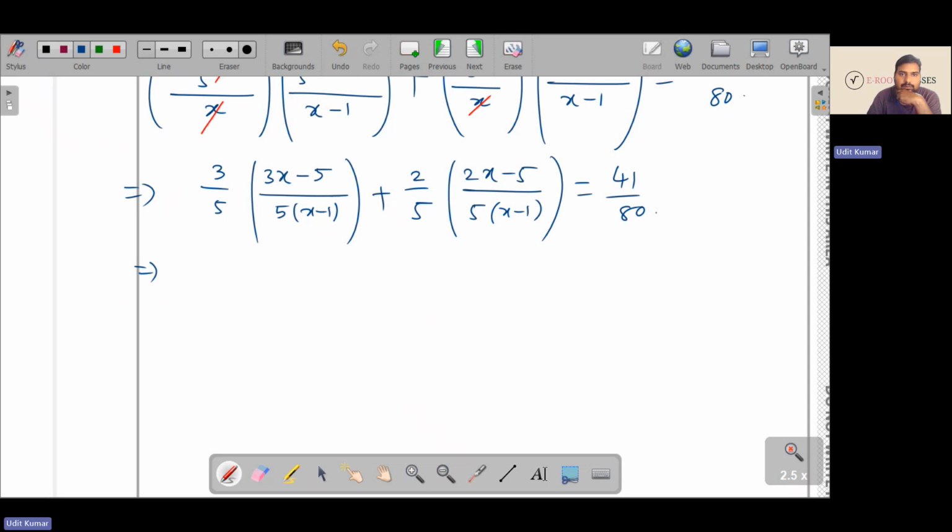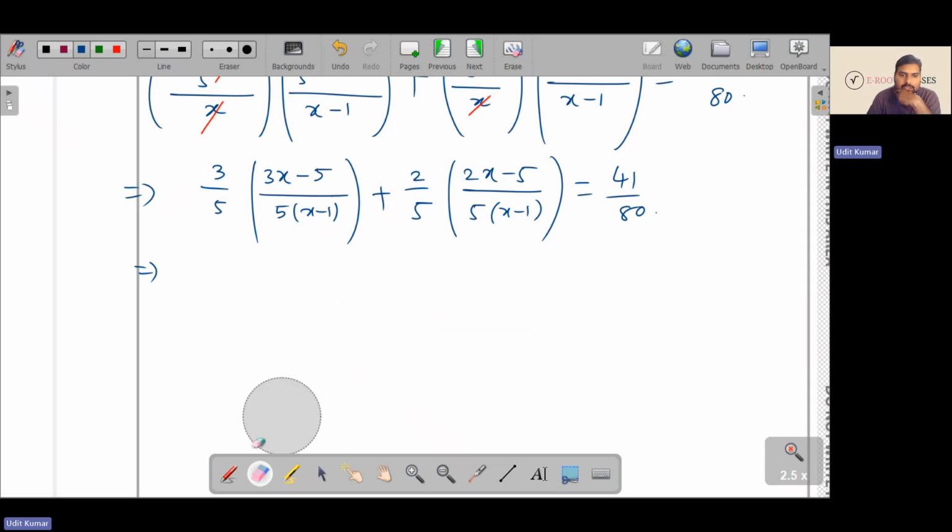As you can see, the denominators are 5 times (x minus 1) for both, so the denominators are the same.